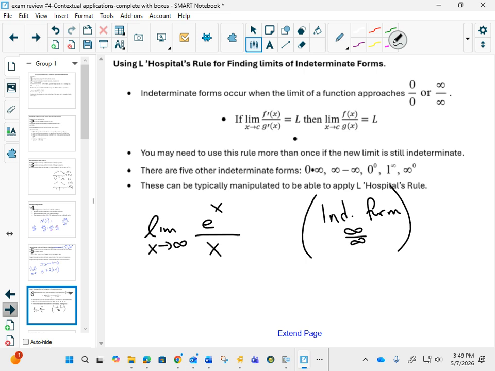You can write infinity over infinity, or you can break it down and show the limit as x goes to infinity of e to the x equals infinity. Well, that's a bad infinity. I don't like it. And you can show the limit as x goes to infinity of x equals infinity. That's fine. You can show the top separate and the bottom separate, and then have indefinite form.